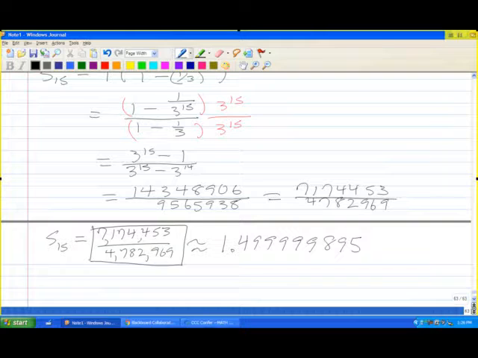So it's somewhere in that order. It's around 1.5.